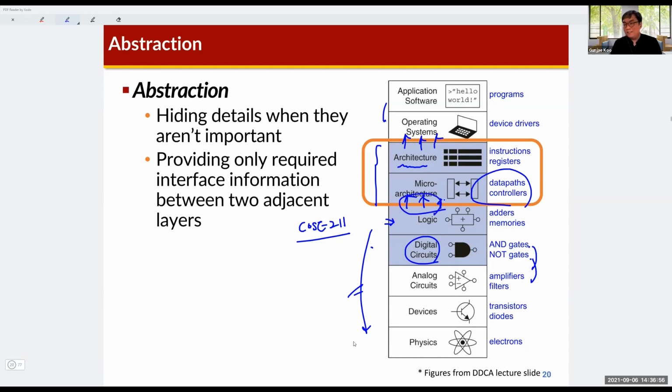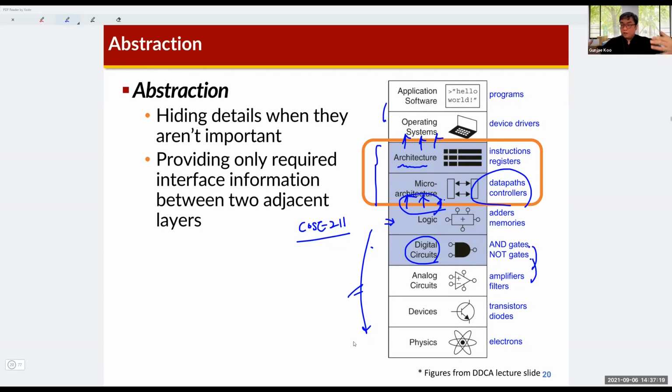We need to understand how the signals are delivered from the bottom layer to the upper layer. It's the same. Over this architecture layer, there are operating system layers.